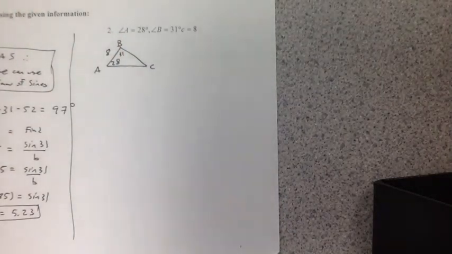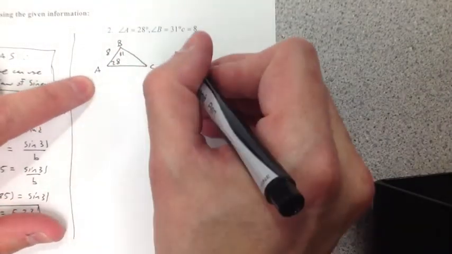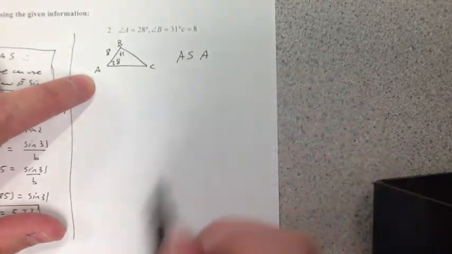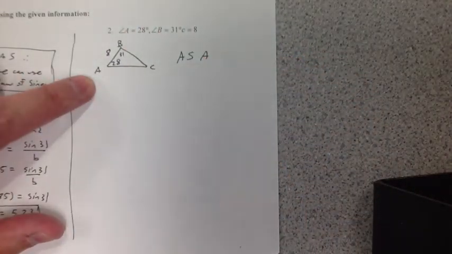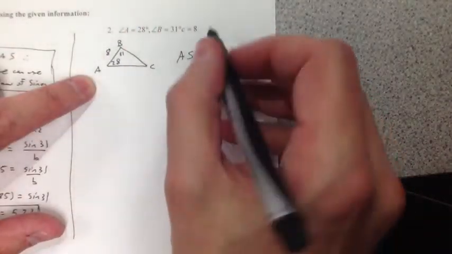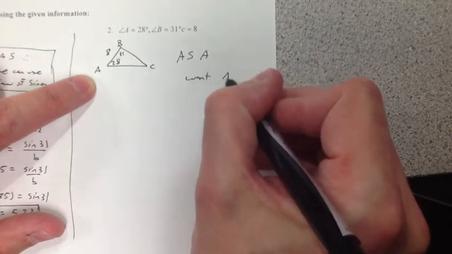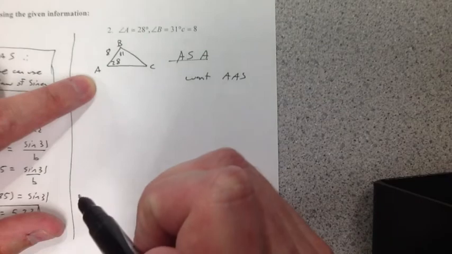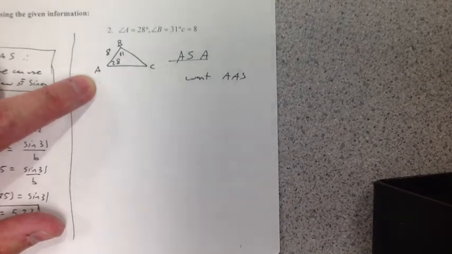Now, if you notice for this one, they gave me 2 angles, so they gave me an angle, a side, and an angle. That doesn't match my rule. I want angle, angle, side. We don't know this one just yet. Or do we? Of course, yeah.